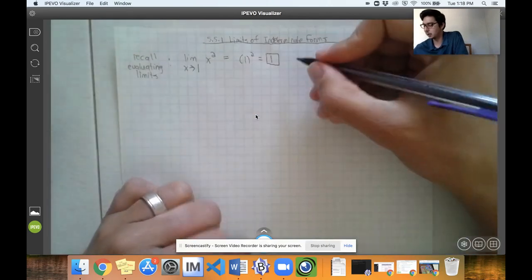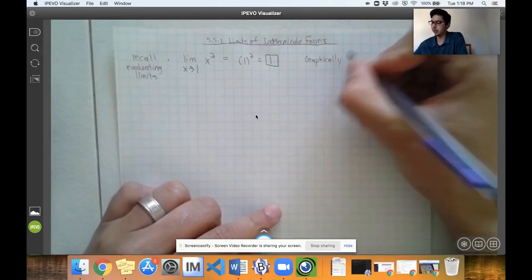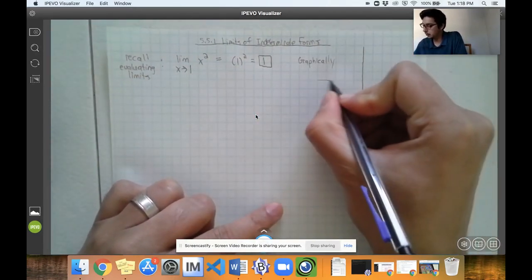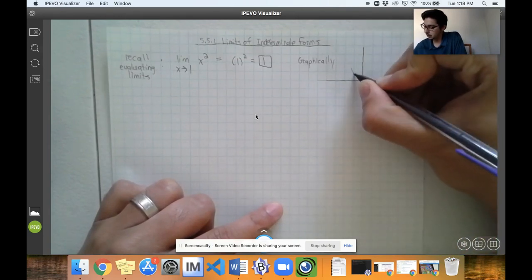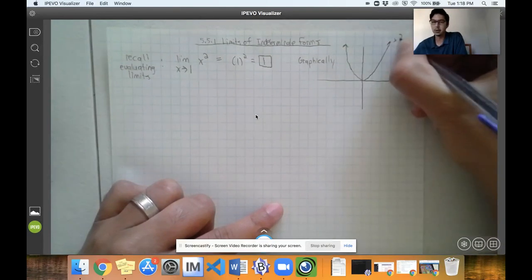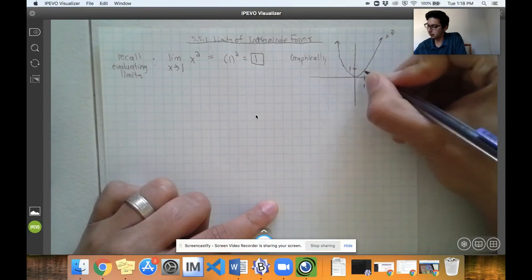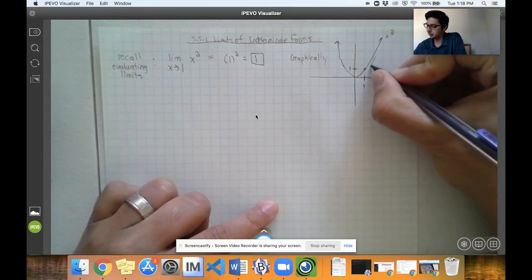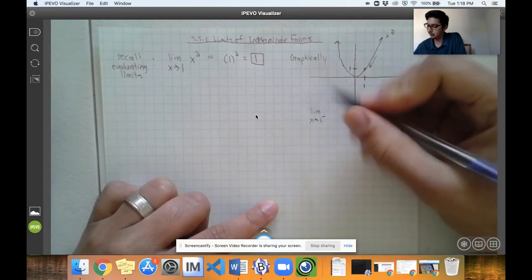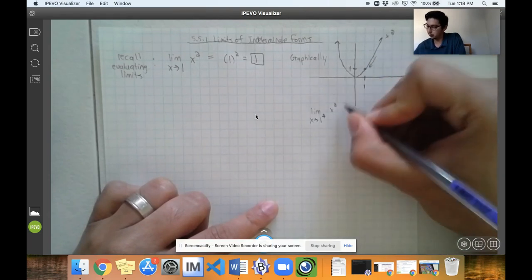Now, we could also determine this graphically, of course, and that is a nice way to see this, where if I graph y equals x squared, a sketch of it would look something like this, where if we're evaluating at 1, and we know that it's at the point (1, 1), we would say that the limit as x approaches 1 from the right of x squared is equal to 1.